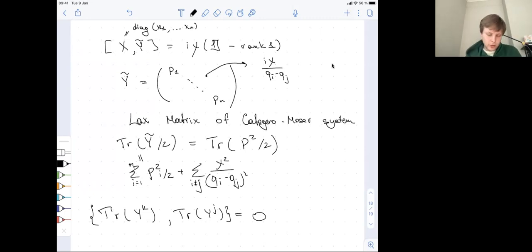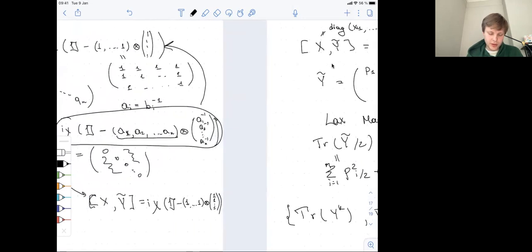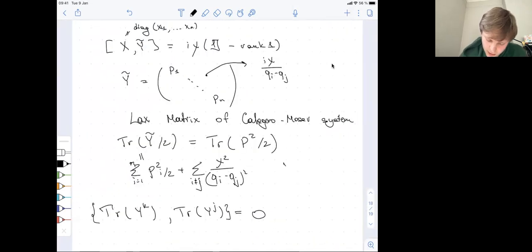And you can also see after performing this reduction that the equation for Y twiddle becomes of the Lax form. I don't really remember what I should put here, but there is some M matrix here, right?